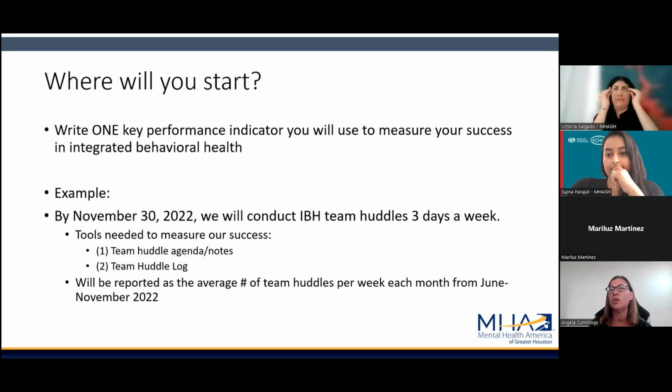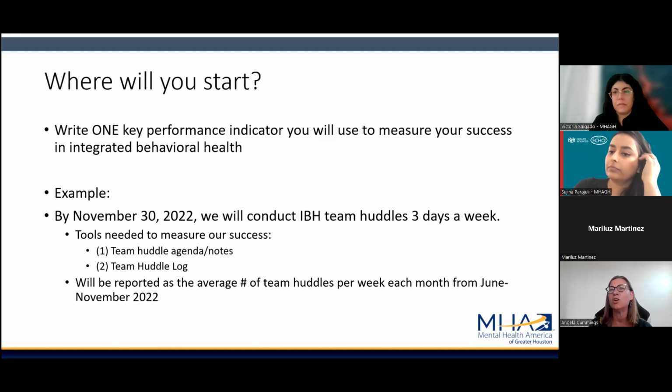And then what's this going to look like? This is something you are planning to report to your executive team: the average number of team huddles per week, each month from June to November. So in June, we had 0.5 team huddles per week, because some weeks you had 0, some weeks you had 1.